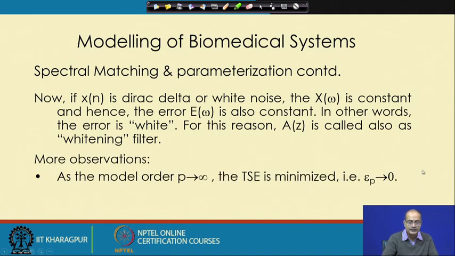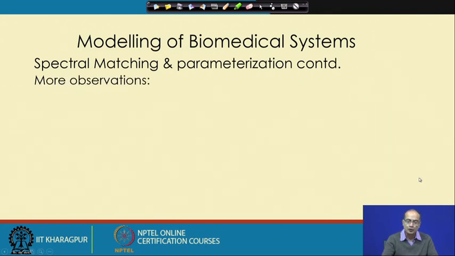Here are some more observations. As the model order increases, the total squared error, that is eta p, actually decreases; eta p tends to 0. So, we can conclude multiple things from there.